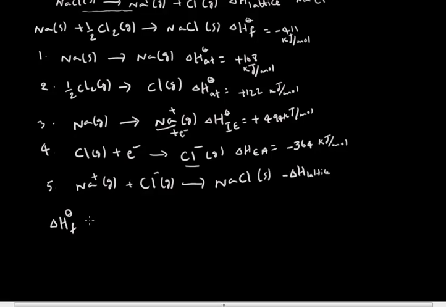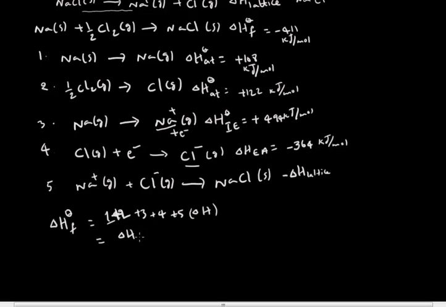So I can say this equals the sum of step 1 plus step 2 plus step 3 plus step 4 plus step 5 enthalpy changes. If I add up all the enthalpy changes from steps 1, 2, 3, 4 and 5, that should be equal to delta H.